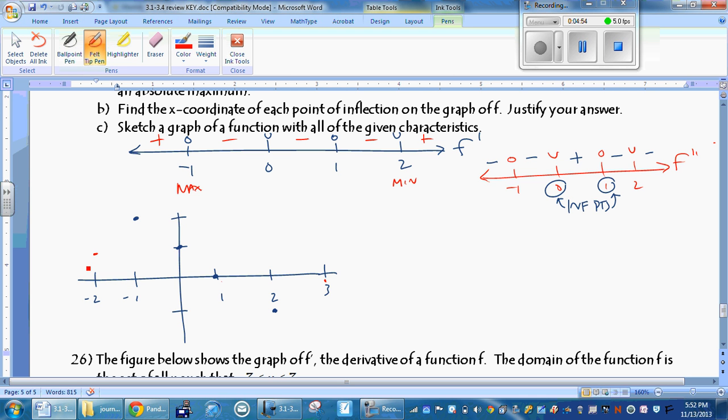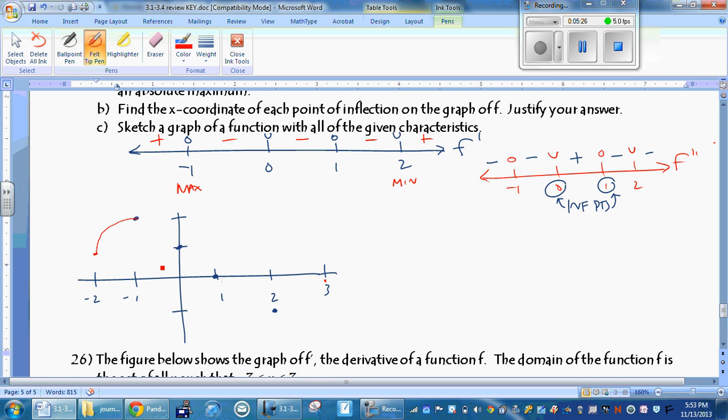Now we need to fill in the curves, connect the dots, using the concavity. So, things to keep in mind, we have undefined derivative at 0 and 2. That means we could have sharp turns or vertical tangent lines at those points. So we want to make sure that happens. Let's go ahead and take a look. Concave down from -2 to -1. So concave down from here to here.